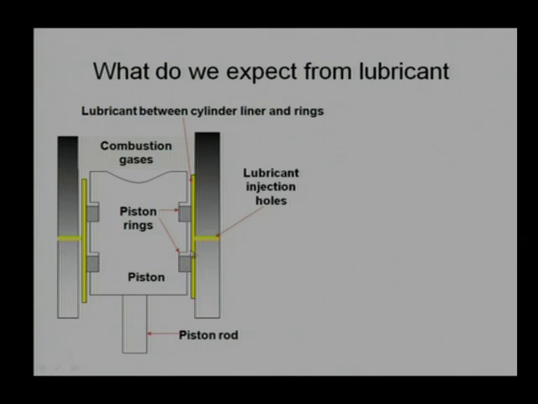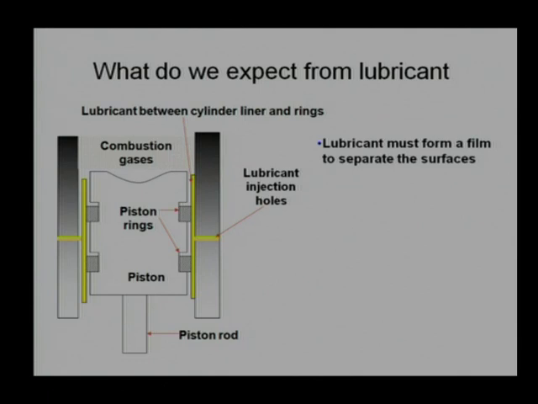When we are providing the lubricant, what are the requirements? We say that the lubricant must form a liquid film to separate the surfaces. That means the piston should not touch the cylinder liner, or the piston ring should not touch the cylinder liner. Otherwise there will be solid contact, there will be high friction, and an IC engine is primarily used for power generation. If it generates some power, say X units, and because of friction we are consuming 0.2, 0.3, 0.4 X, then the net output will be only 0.6 or 0.7 X units.